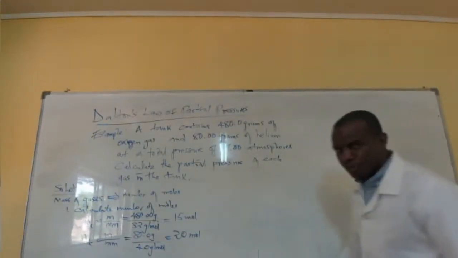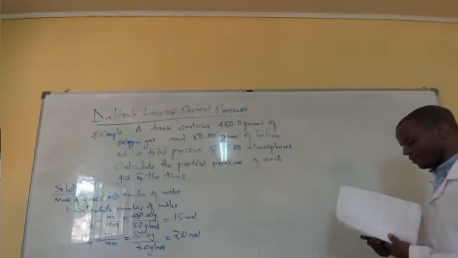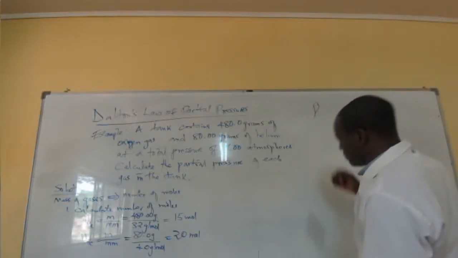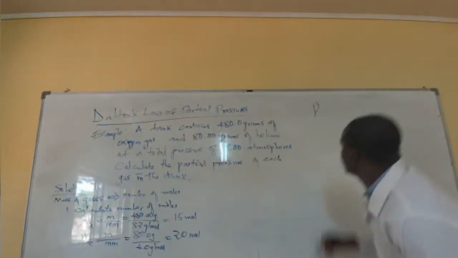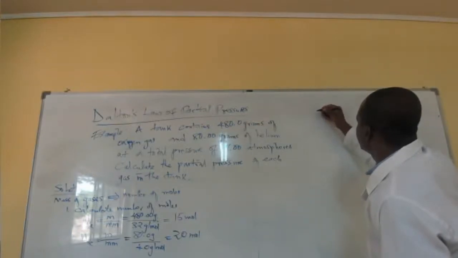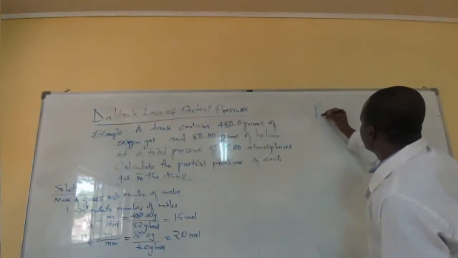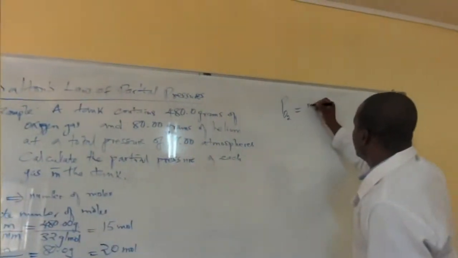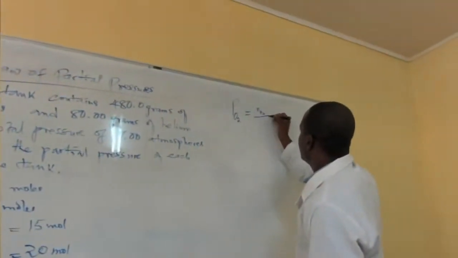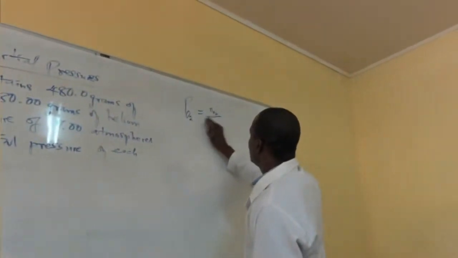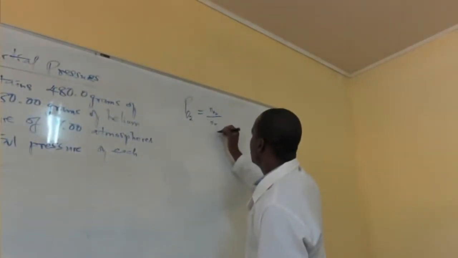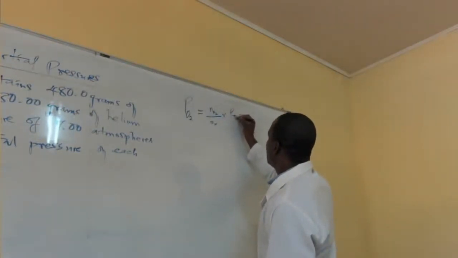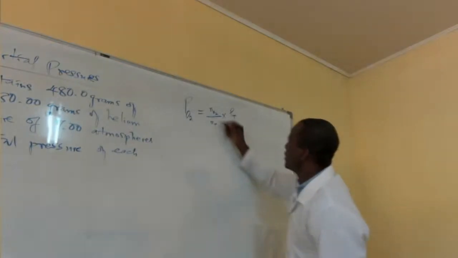The partial pressure of oxygen, PO2, is equal to the number of moles of oxygen divided by the total number of moles, NT, multiplied by the total pressure within the mixture.